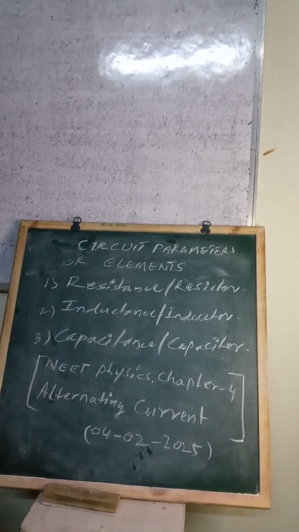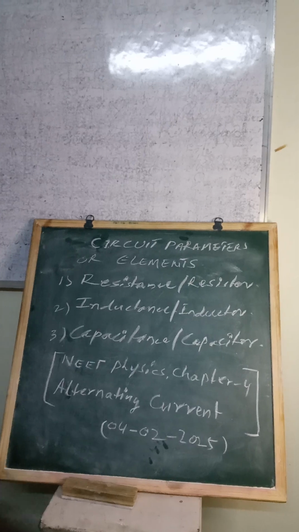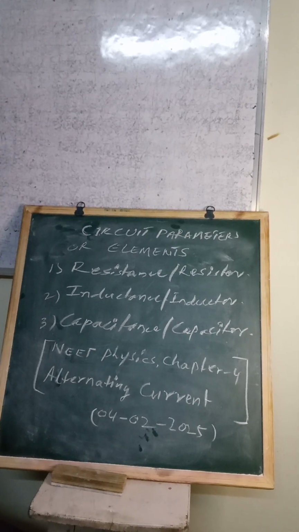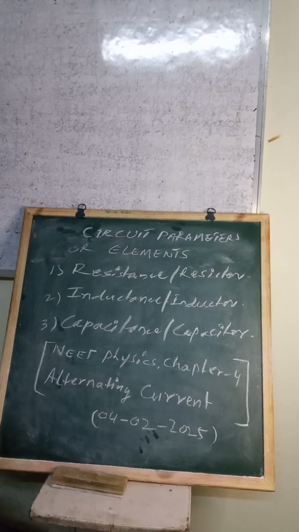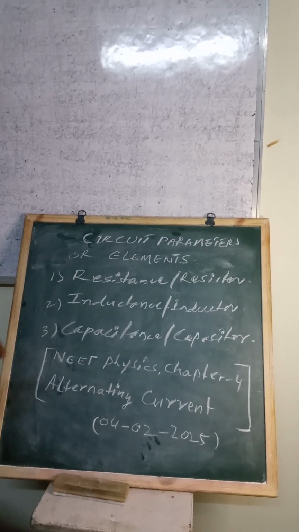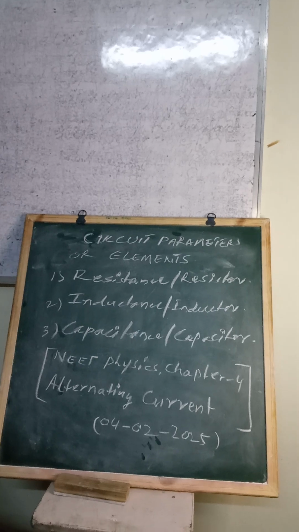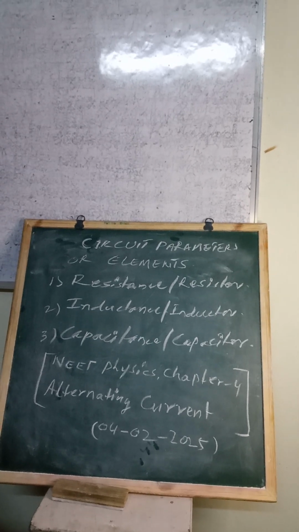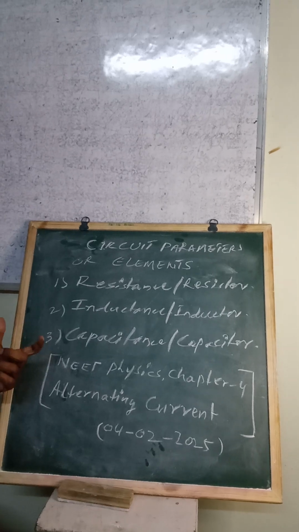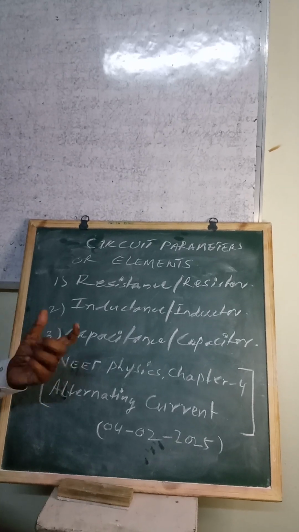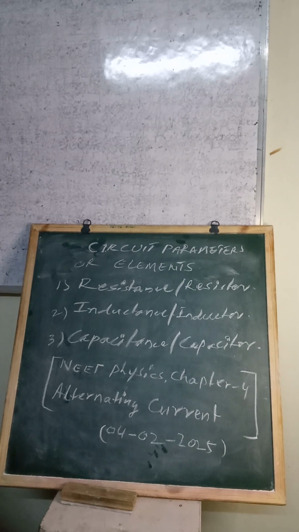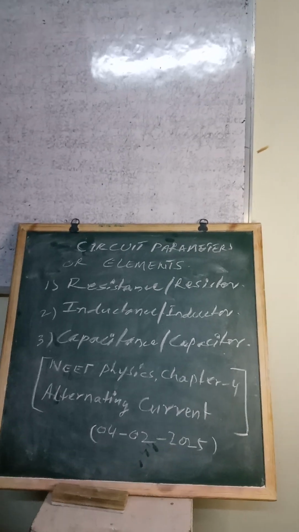Similarly, the inductor has its existence physically. Then what about the inductance? It is a geometrical or physical property. Similarly, the capacitor also has its existence, whereas the capacitance is the geometrical property of the capacitor.